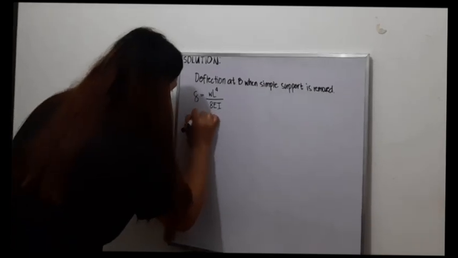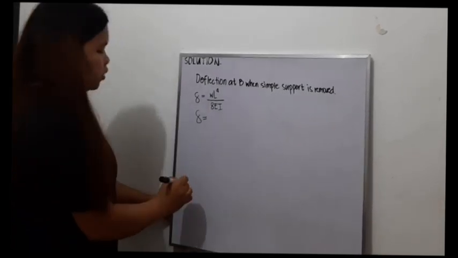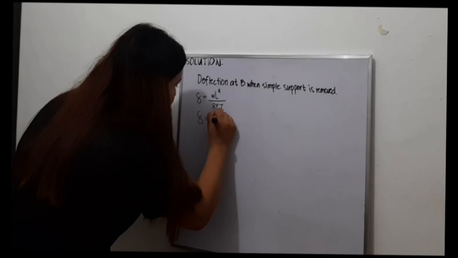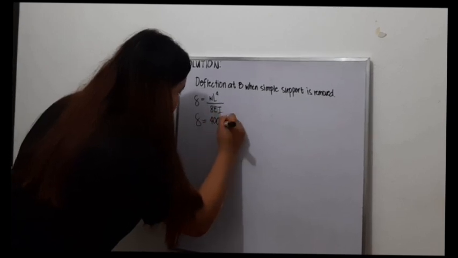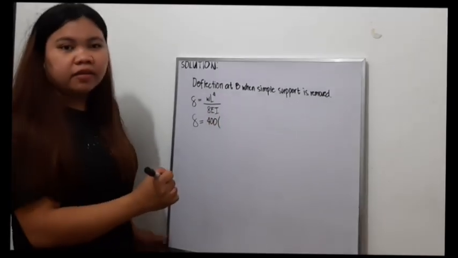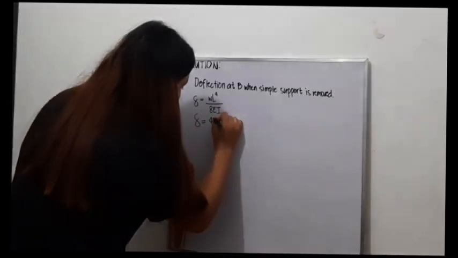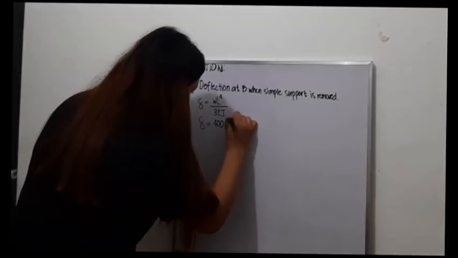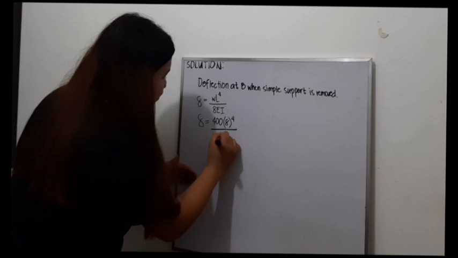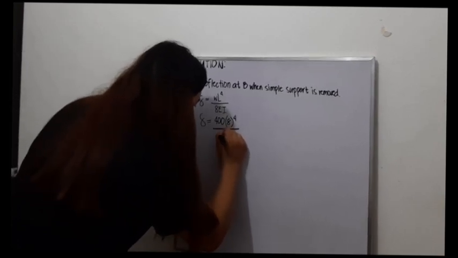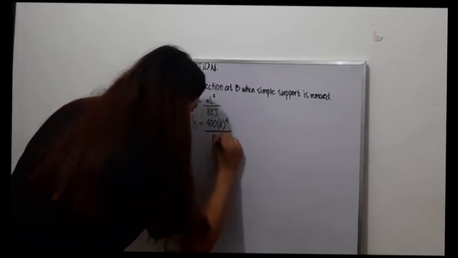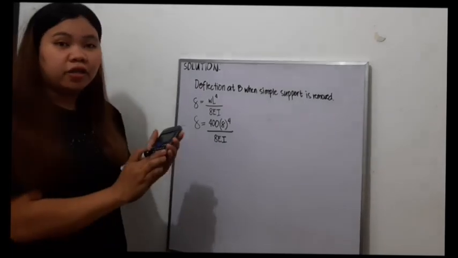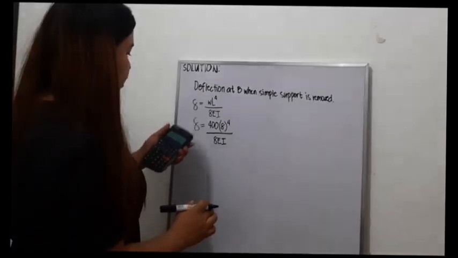So delta equals 400 times 8 to the power of 4 over 8EI. For that, we're going to use our calculator.